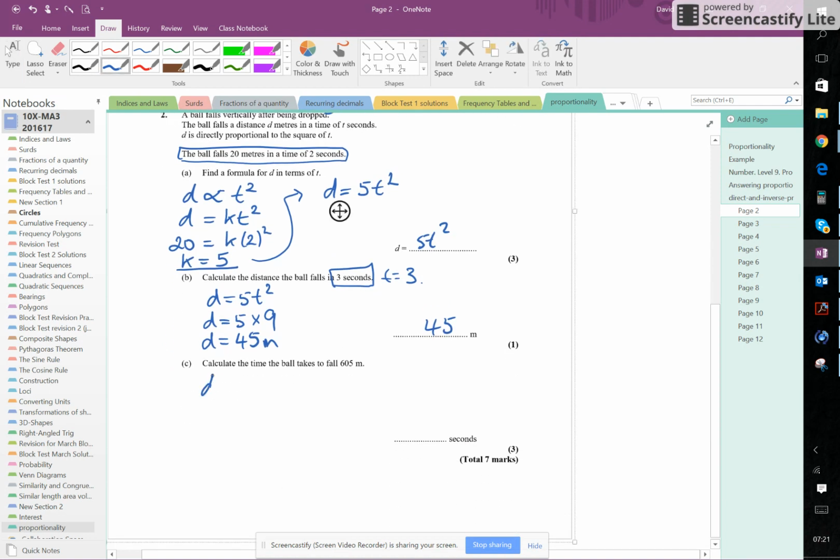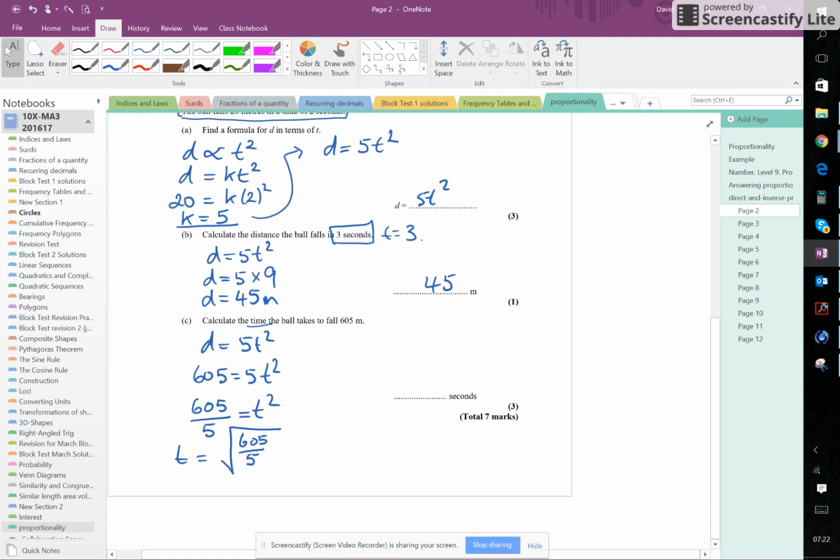Now we're going to use this d equals 5t squared again. Calculate the time, so calculate t when the distance is 605. So we've got 605 equals 5t squared. So therefore 605 dividing both sides by 5 is t squared. So t is the square root of 605 over 5.